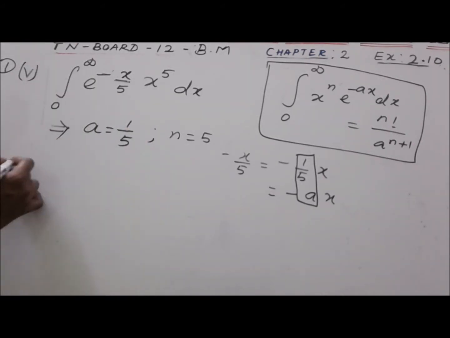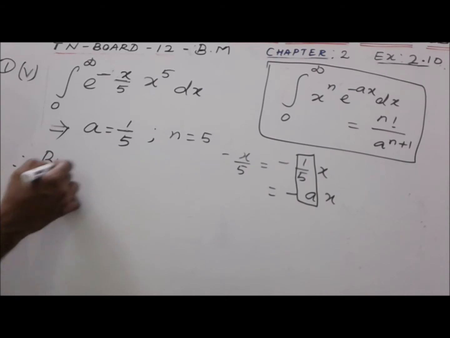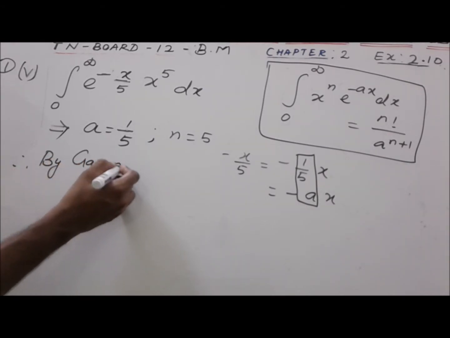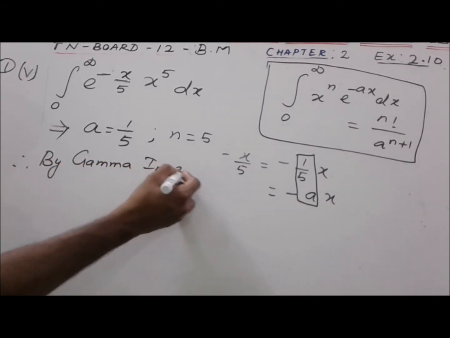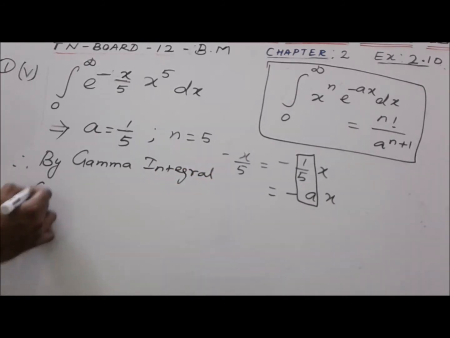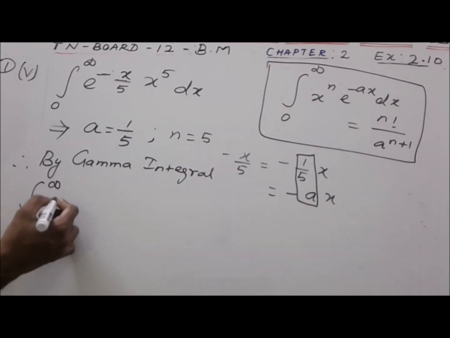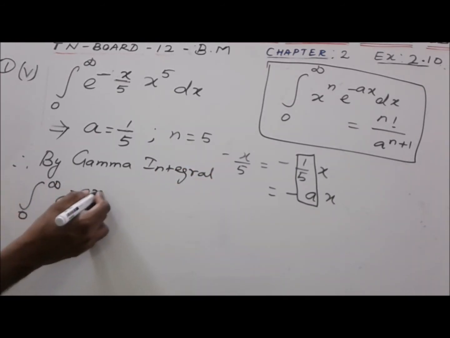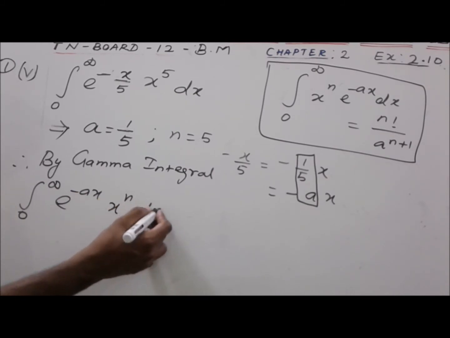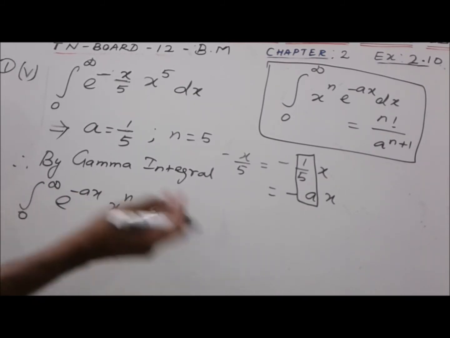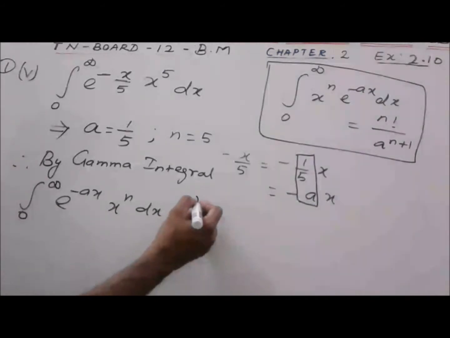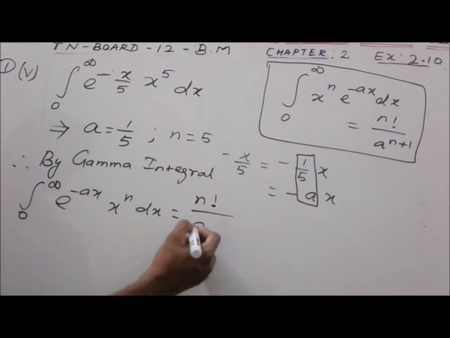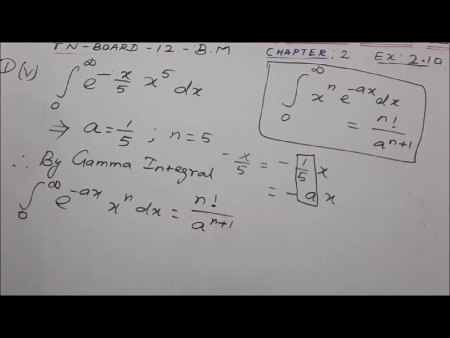So therefore, by the gamma integral, 0 to infinity x power n into e power minus ax dx is equal to n factorial divided by a power n plus 1.